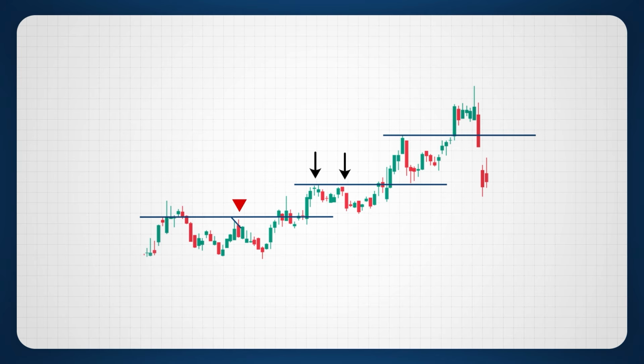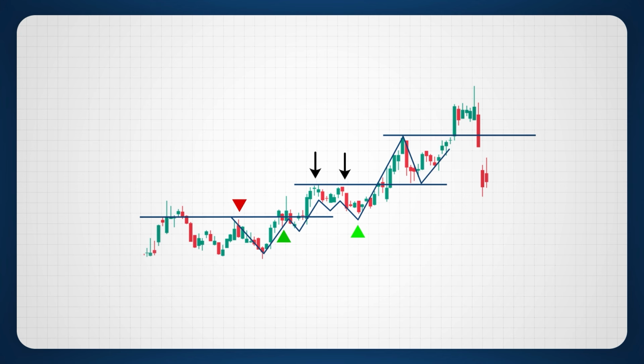There's your resistance right there. And it is broken right here. And you can see how it rallied up for a few days, reached the high, and then the profit taking took place and it pushed it right back down to the original breakout point. And then what happened? It bounced and it went up to a new high, pulled back, tested that high again.